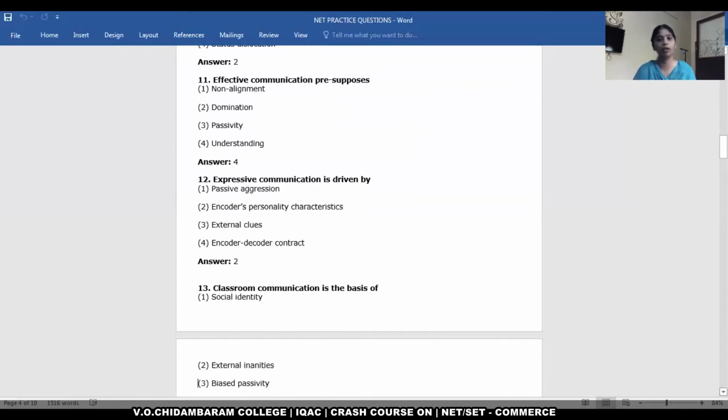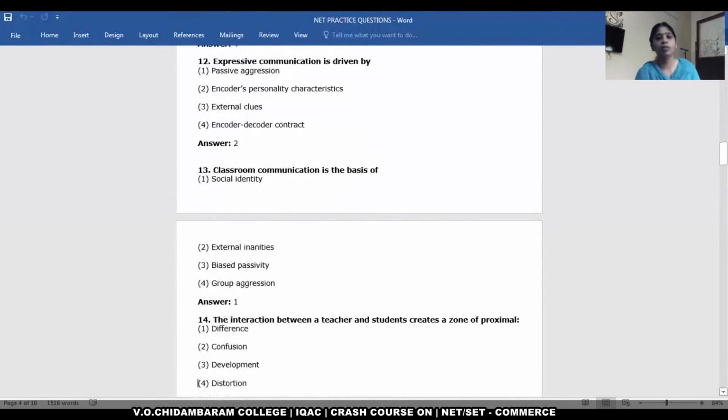Of course, it is encoder's personality characteristics. If I am communicating expressively, it's purely based on my own personality characteristics. I'm using my expression, my body language, gesture, everything, right? So it's purely based on the encoder, the one who communicates, who gives information, his or her personality characteristics. So that is the answer.